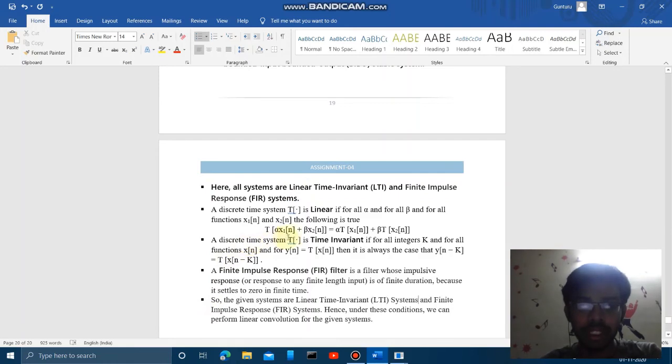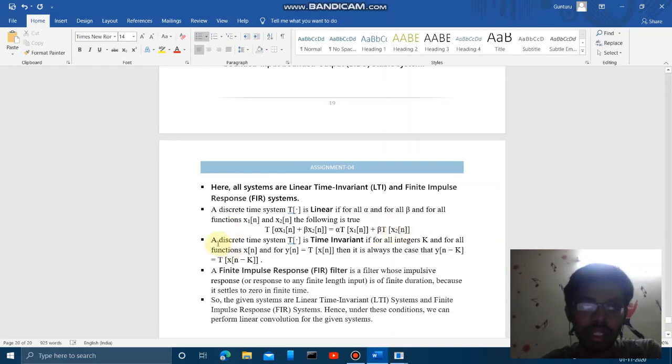A discrete time system T is linear if for all alpha and for all beta and for all functions x1 and x2 the following is true: T of alpha x1 of n plus beta x2 of n equals alpha into T of x1 of n plus beta into T of x2 of n.